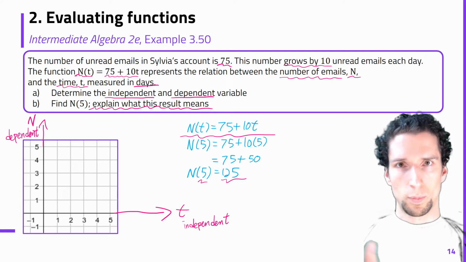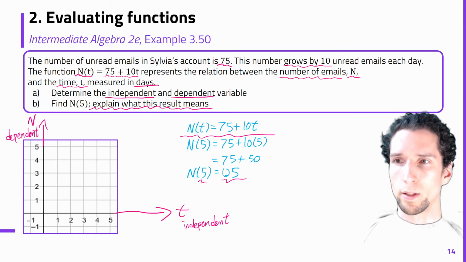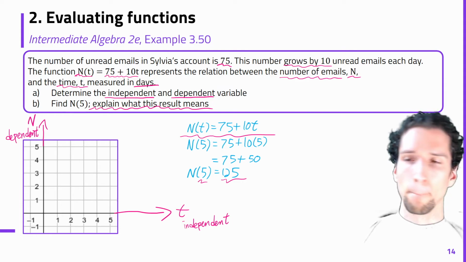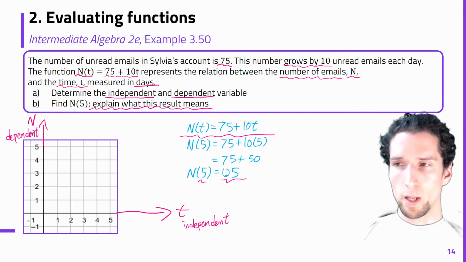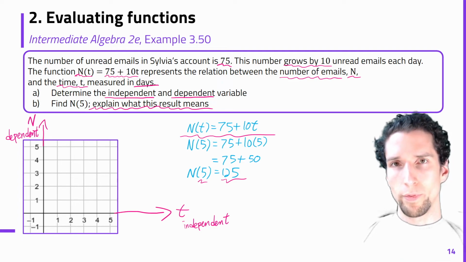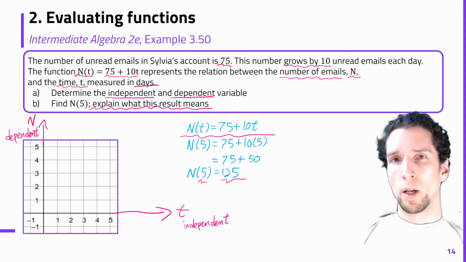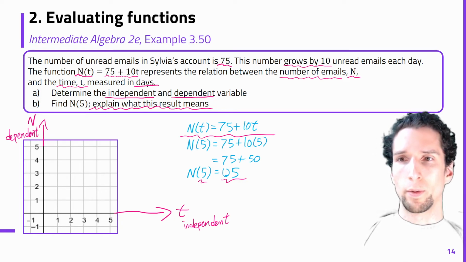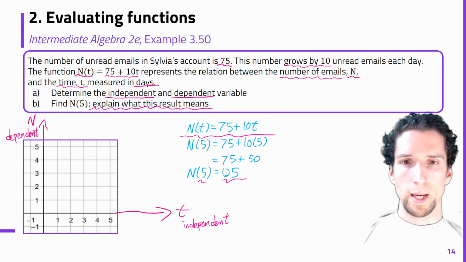That's how we take this math result and interpret it in a real world context, given the situation of the problem. So again, n of 5 equals 125. That 125 represents the number of unread emails she will have after 5 days, given the growth pattern that we've been given here, growing by 10 each day.